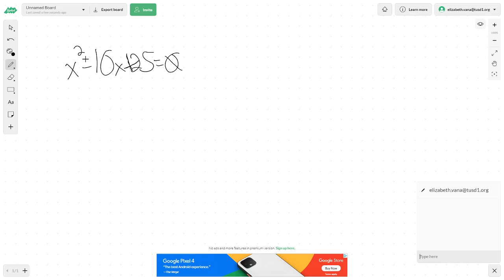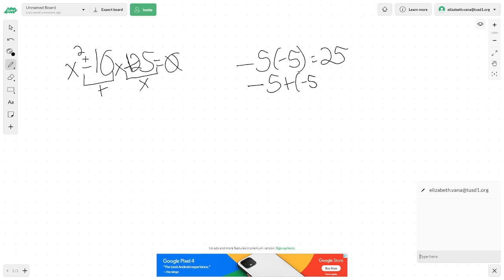So I need two numbers that multiply together to get a positive 25, but add together to get negative 10. And I found that negative 5 times negative 5 gives me a positive 25. Negative 5 plus negative 5 equals negative 10. So those are my two numbers, x minus 5, x minus 5.